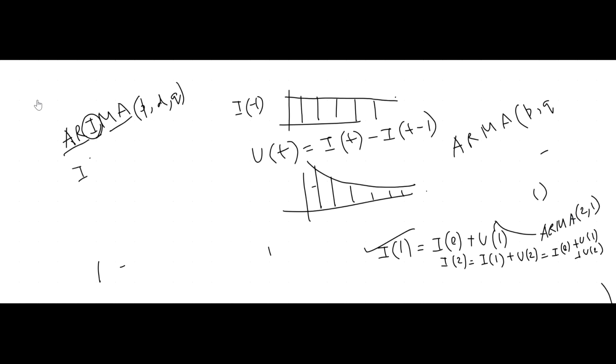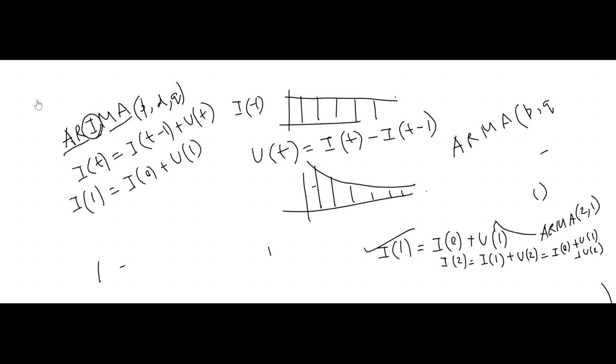I can bring this I_{t-1} to this side and write it in this form, that I_t is equal to I_{t-1} plus U_t. Then see that I_1 is basically I_0 plus U_1. Thus I'm putting 1 here, getting 0 here, 1 here.